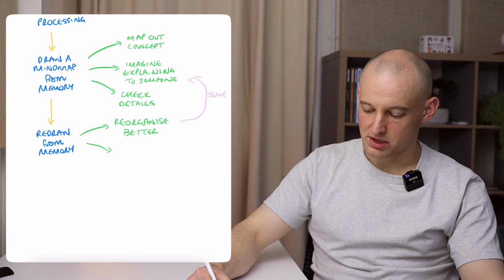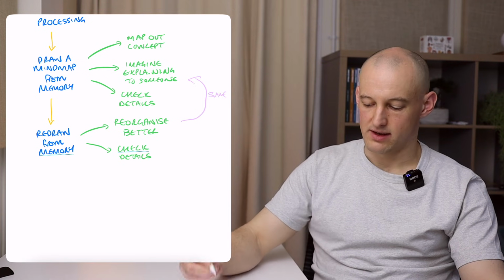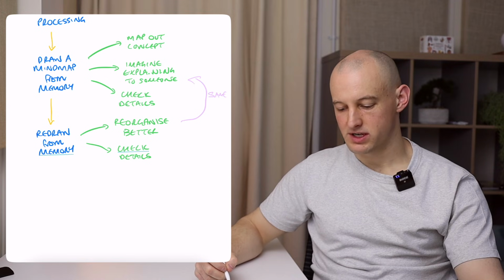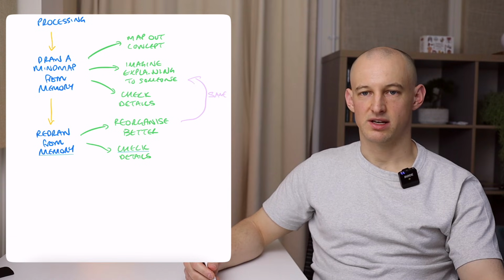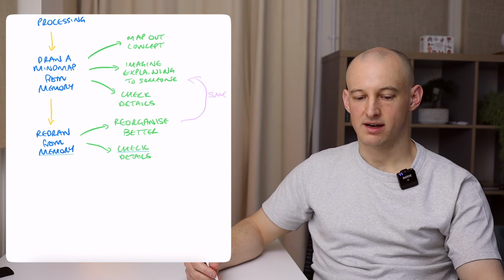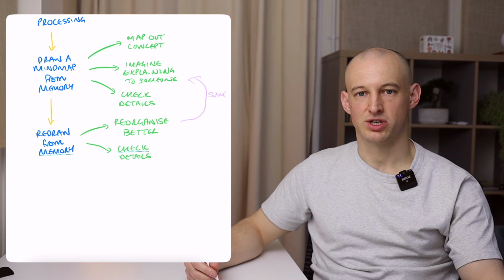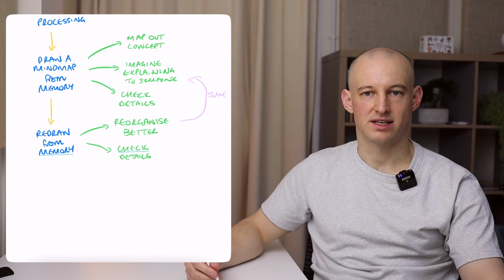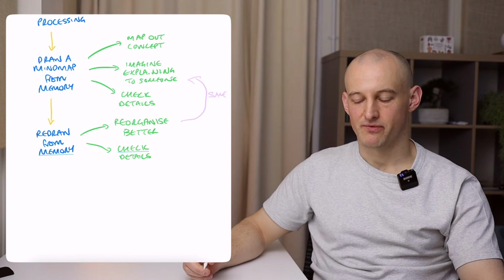So again, you can check the details if you need to on this one. So now you've done it twice. You could keep doing this as many times as you like, but you're going to run out of time. And you don't want to spend way too long on a topic on one repetition. You're going to come back to this topic again in 2 weeks and do the same process, so you don't need to be 100%.